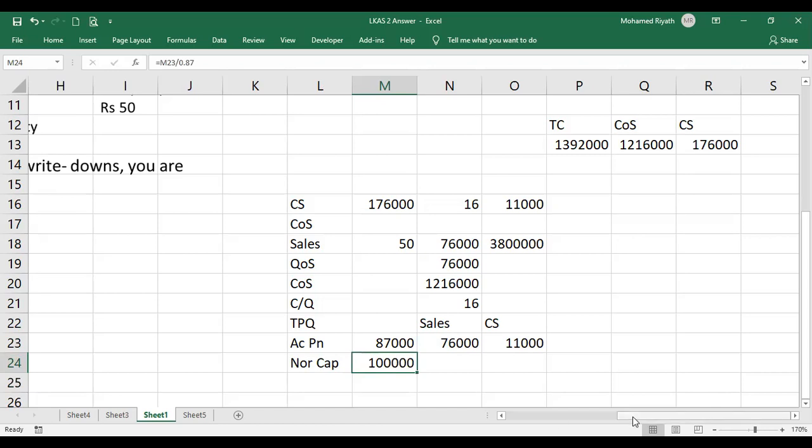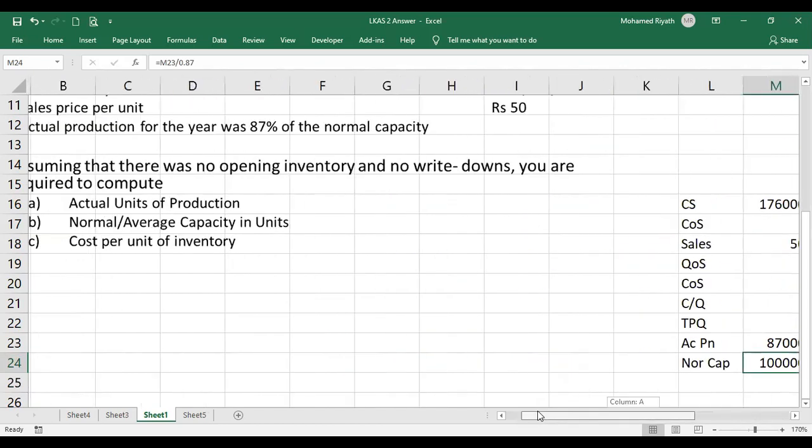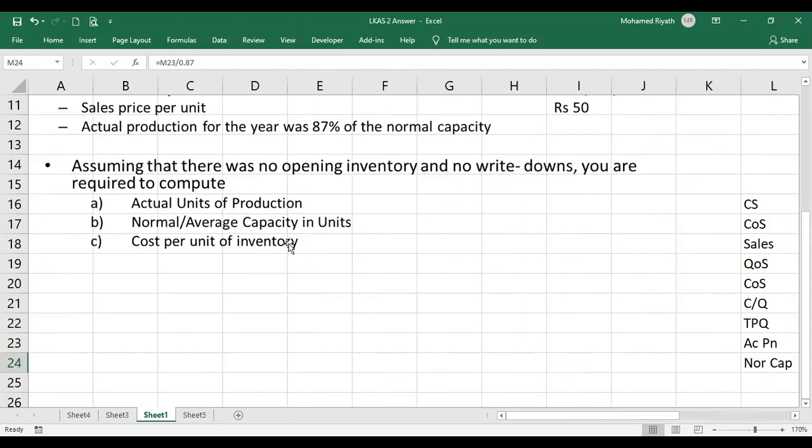Am I answering your questions? Right. Actual units of production? 87,000. Normal capacity? 100,000, sir. Cost per unit? 16 rupees.